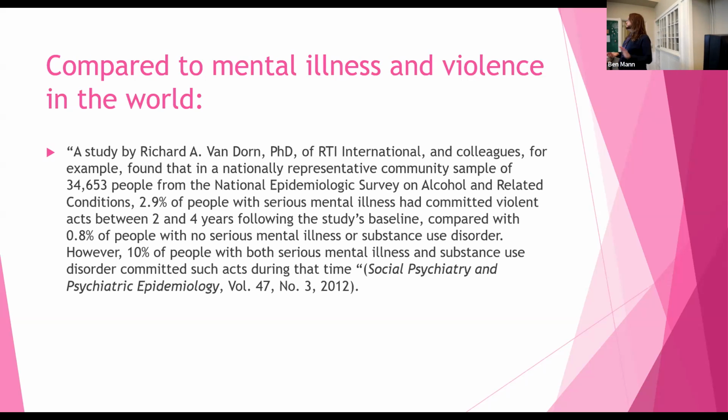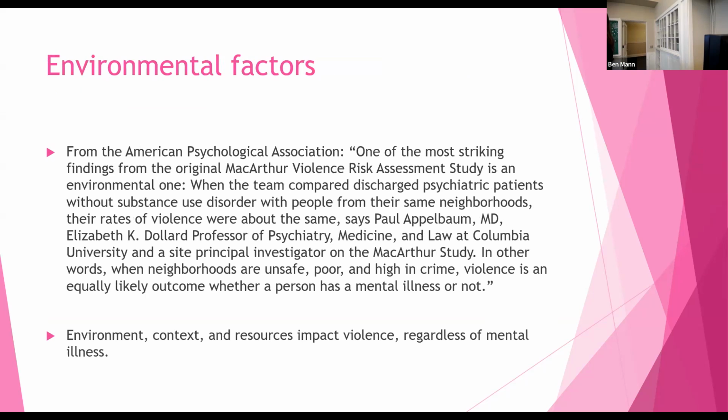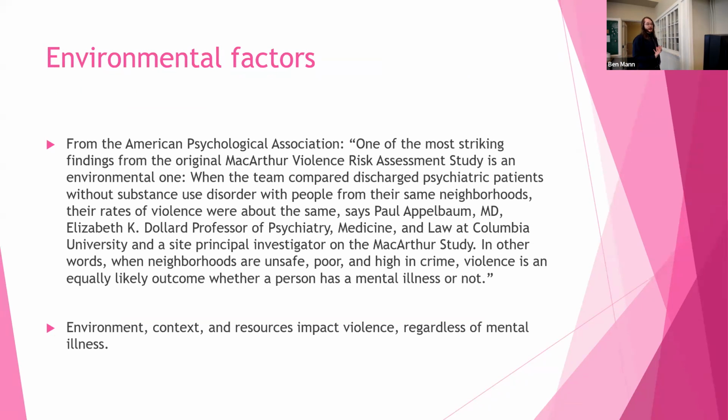In fact, from the American Psychological Association, what has been found is that the explanation for this difference is not that mental illness causes one to be violent, but that there are external factors, things such as the safety of the neighborhood or community in which somebody lives, things like financial security, right? And access to resources, and so on, that are disproportionately worse for people with mental illness, right?